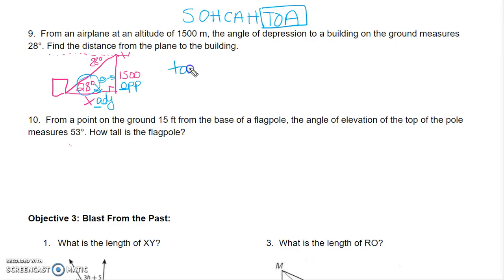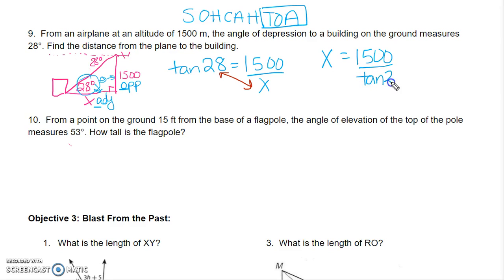So I'm going to write the tangent of 28 degrees is equal to opposite 1,500 over adjacent x. And again, what we should notice is that if x is in the denominator, when I solve for x, these two really just switch places. So x is going to equal 1,500 over the tangent of 28.